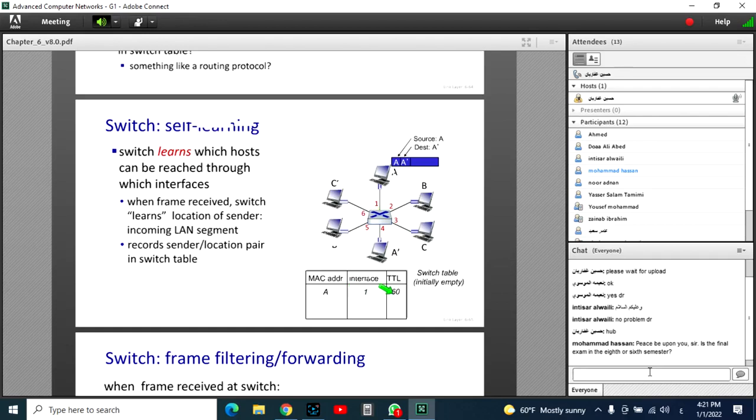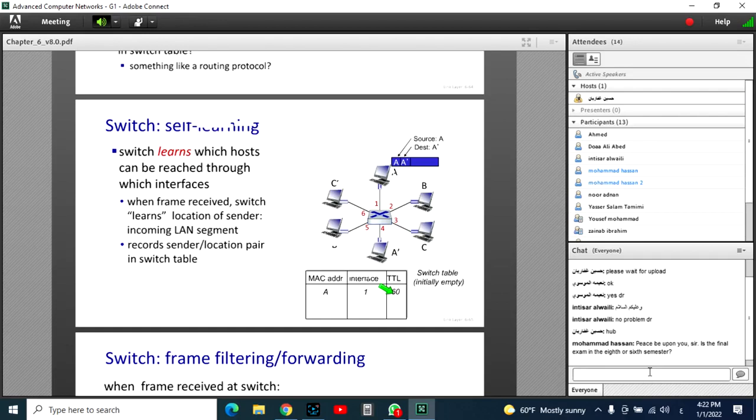Also, we have a TTL here because the configuration of the network may change over time. This TTL means that this record will remain just for a few minutes, and after that the switch will erase the record, because maybe the configuration of the network changes.